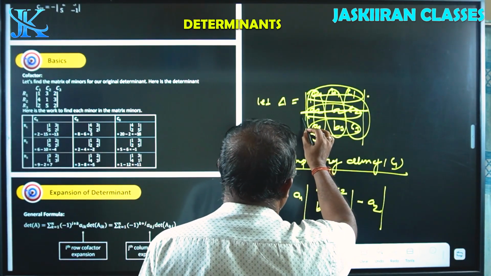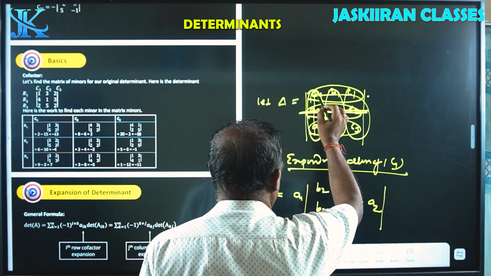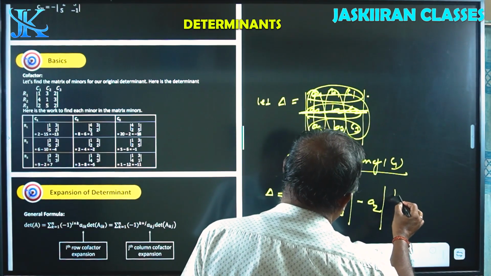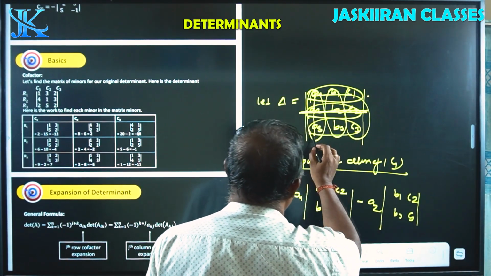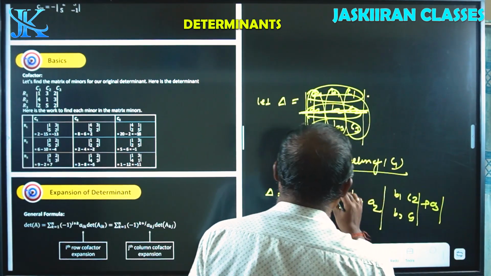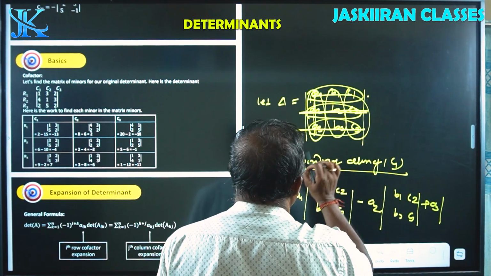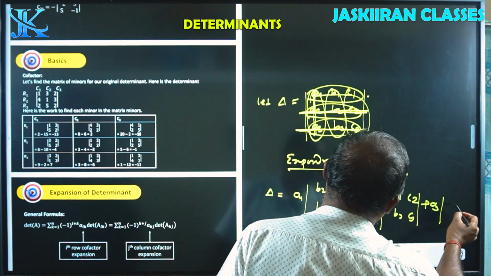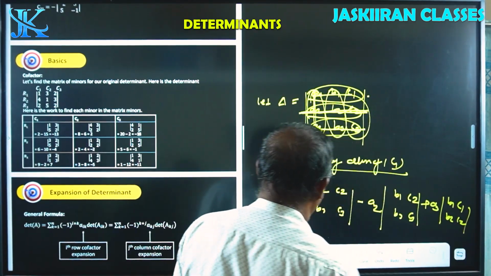Then A2 times B1, C1, B3, C3. And also A3, omitting column 1 and row 3, gives B1, C1, B2, C2.